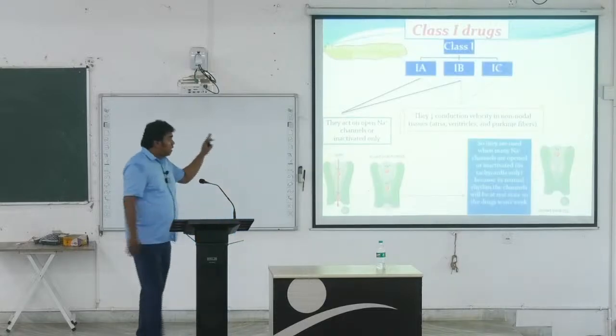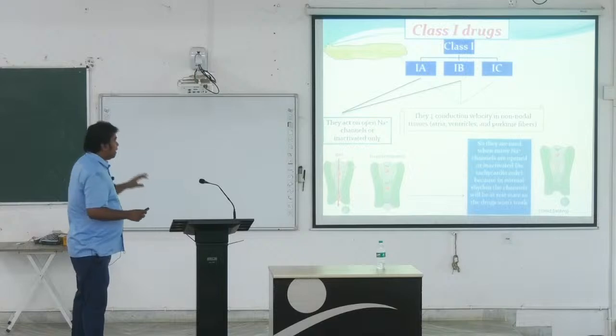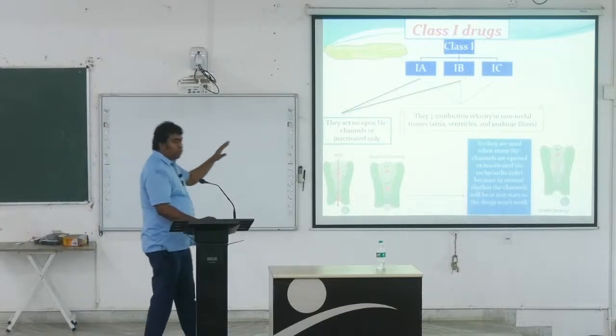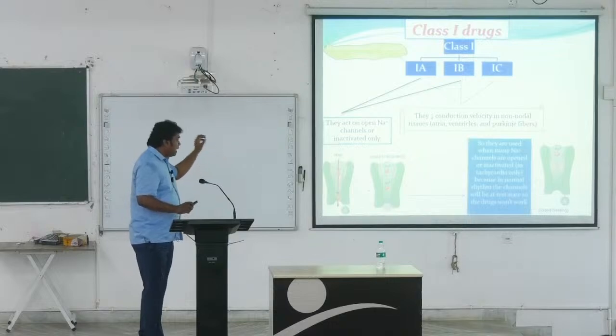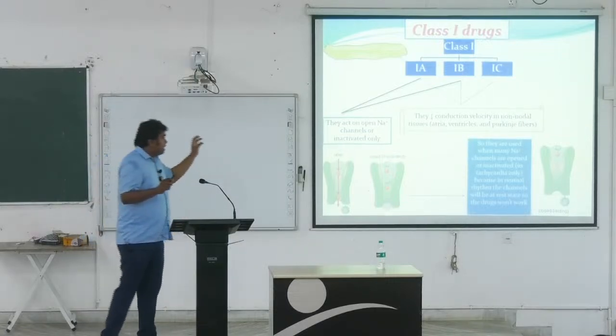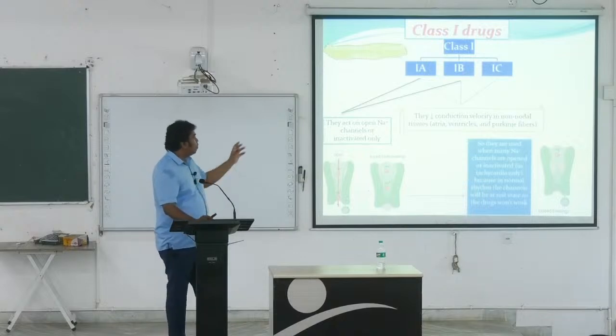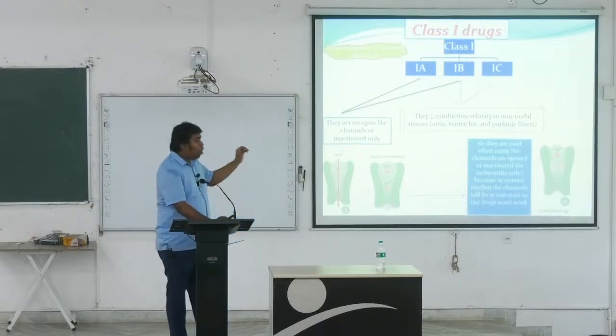Now sodium channel blockers, or class 1, have 3 subclasses: 1A, 1B, 1C. How do they act? They block the sodium channel in the inactivated state. So they reduce the conduction velocity of the non-nodal tissue.